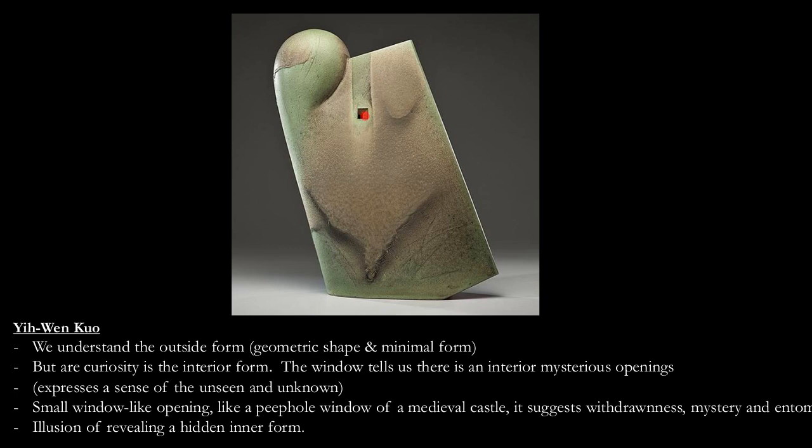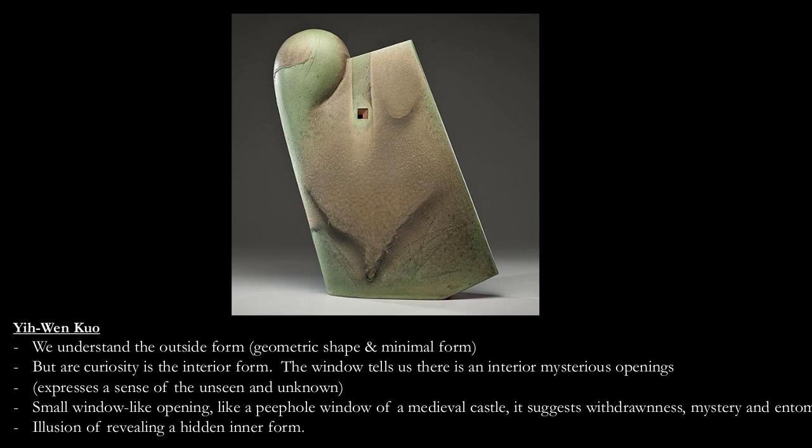Looking at this little window, we know there's something going on in here. It's like when we look at a house and see a window: we know there's a lot more going on inside than the exterior form shows. It expresses a sense of the unseen and unknown.